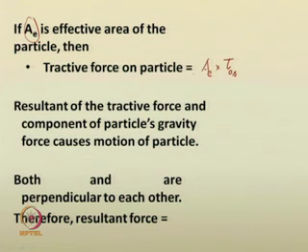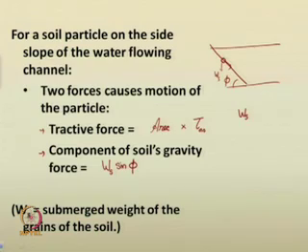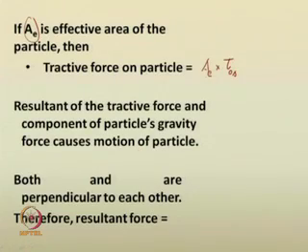So, these two, that is, as we mentioned, the component of the soil's gravity force W s sin phi will also be acting on the particle, as well as the tractive force A e tau 0 s. One can easily visualize that.